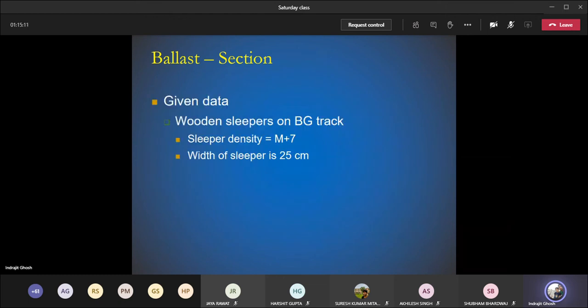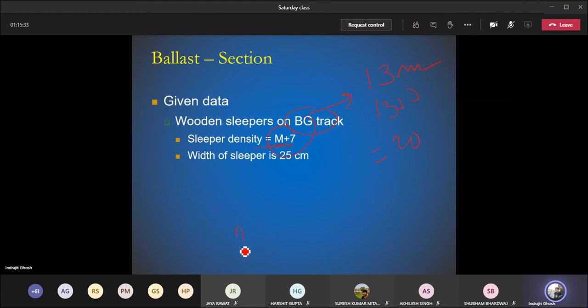There is a small problem which you can solve, or you can do it as homework. Given data: wooden sleeper on a broad gauge track. Sleeper density is given as M plus 7. As it is broad gauge, it is 13 meters. M plus 7, 13 plus 7, 20 sleepers.